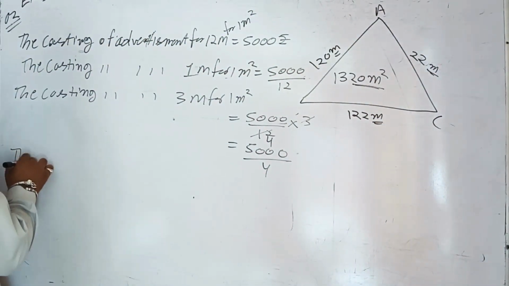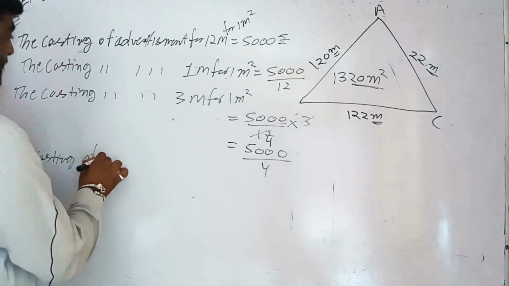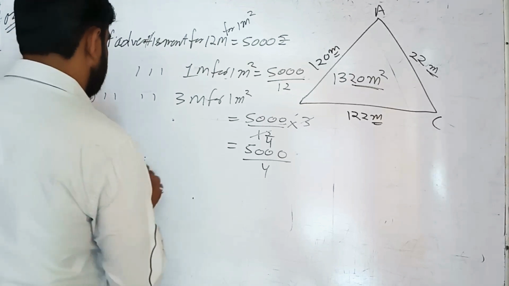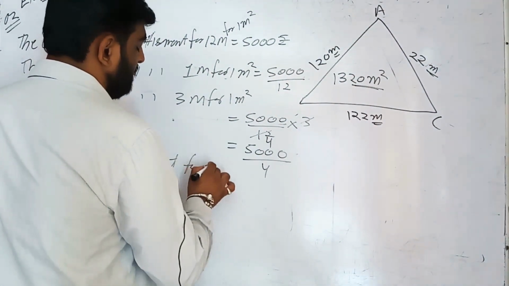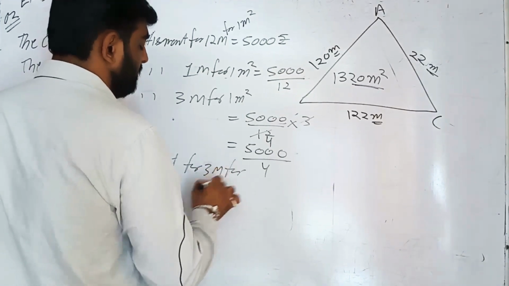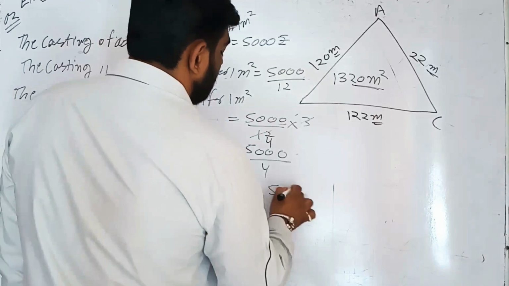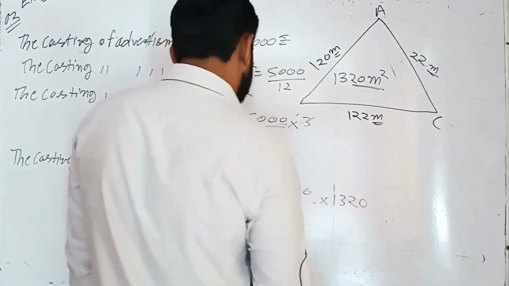So we need to find the costing of advertisement for 3 months for 132 meters square, that is 5,000 upon 4 into 132.